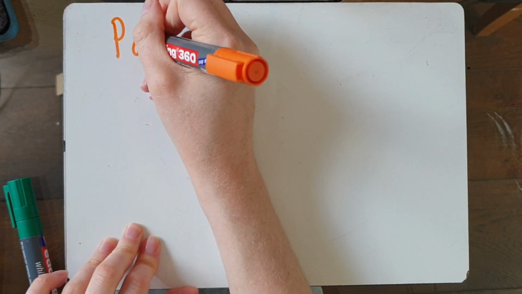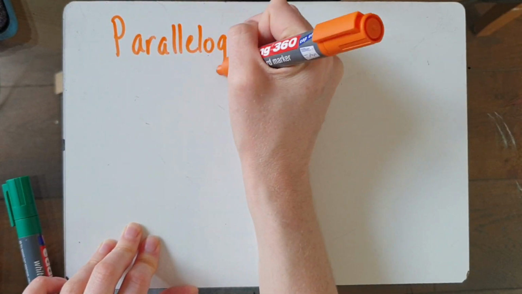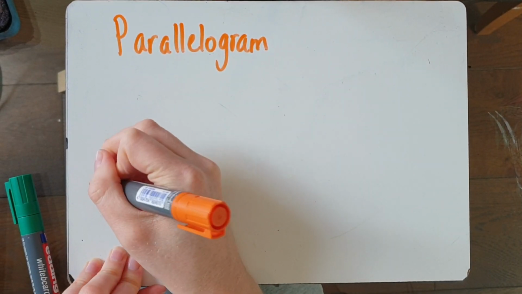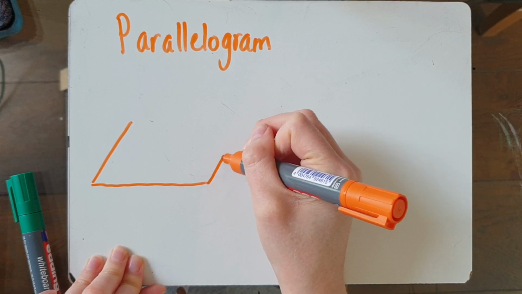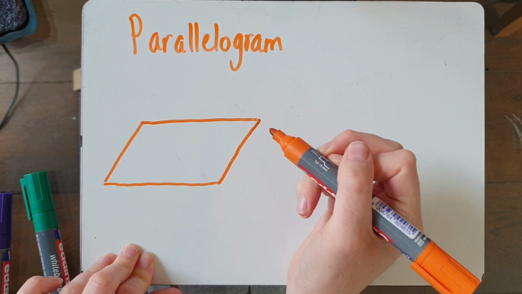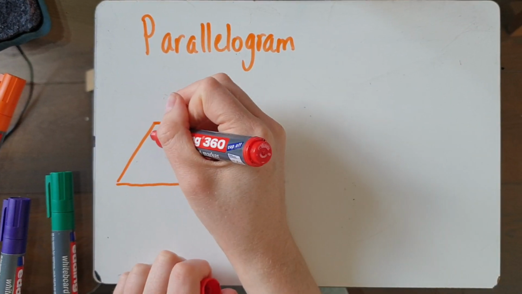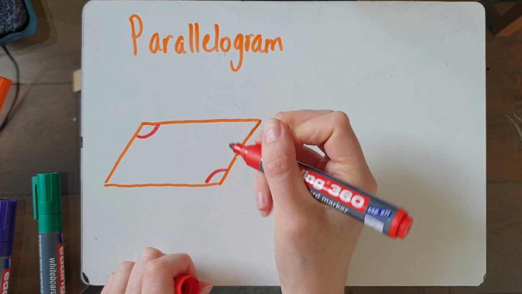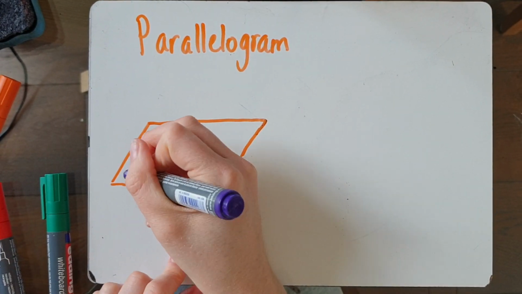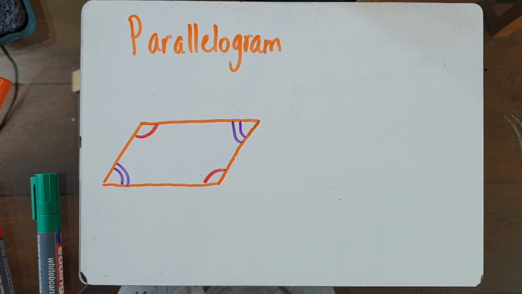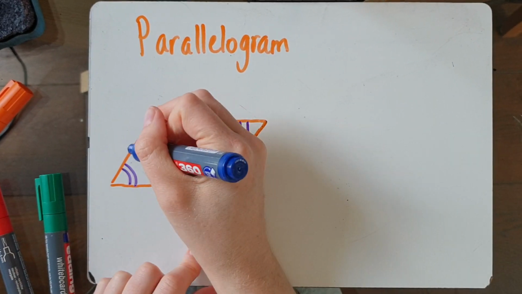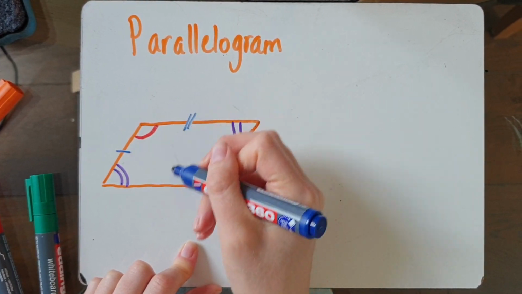The next one is related to a rhombus in the same way that a rectangle is related to a square. It is a parallelogram. So it looks a bit like a rectangle that's been pushed over. It has 2 pairs of equal angles. And again, it will be opposite angles that are equal. It has 2 pairs of equal sides, like a rectangle.